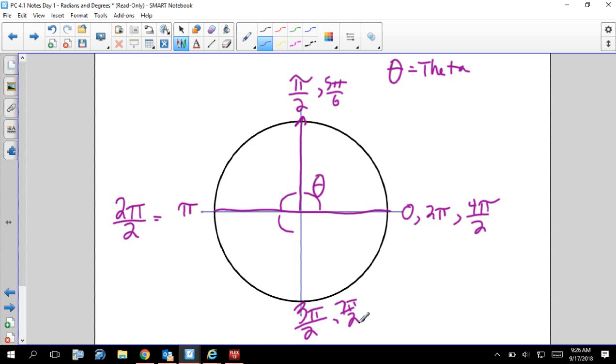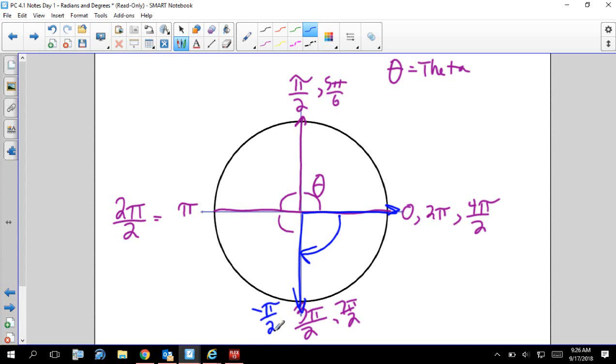All right, so those are the pi over 2s. Those are really important. We need to know those. Real fast before I move on to the next one, what if I started here, this was my initial, and this was my terminal, and then the arc showing you which way I went looked like that? What would it be? Negative pi over 2. You're going down now.